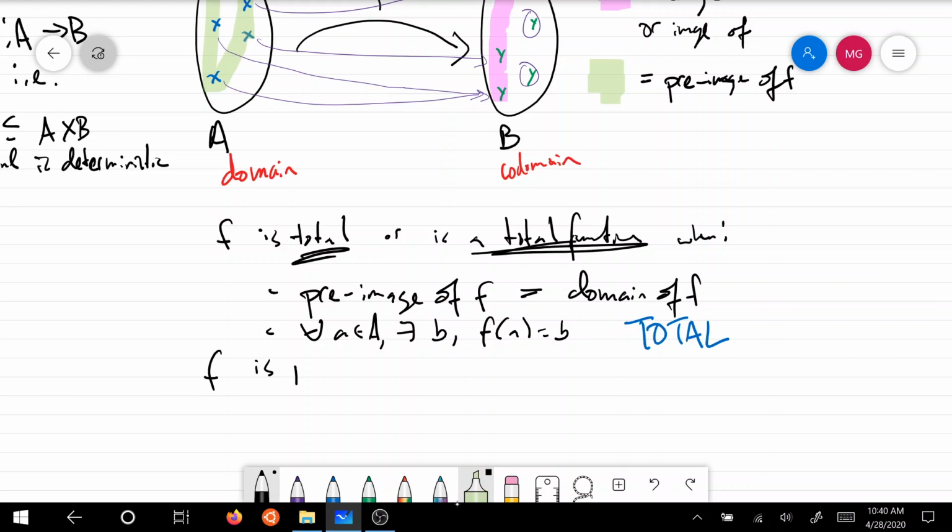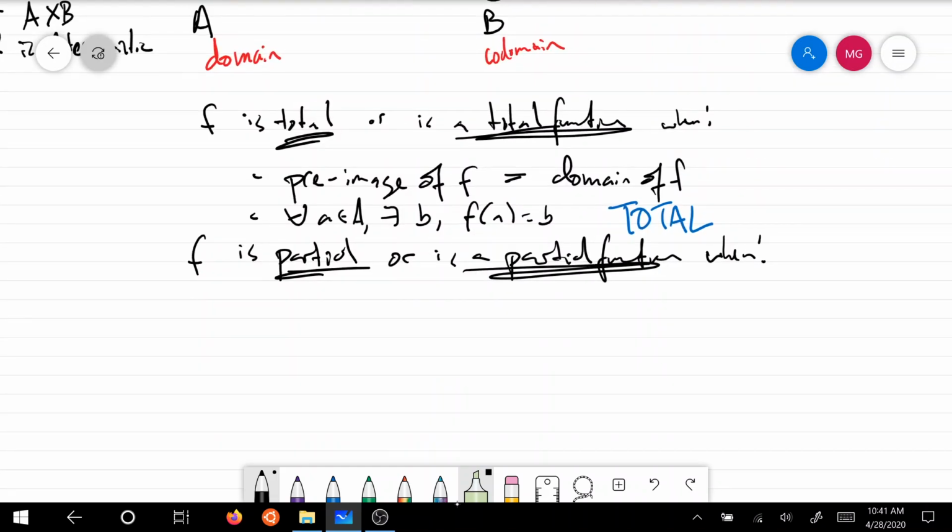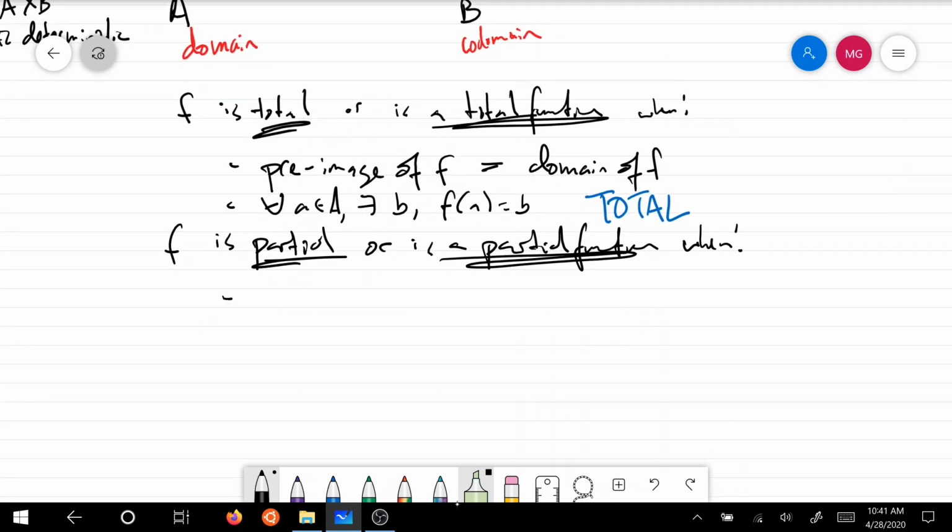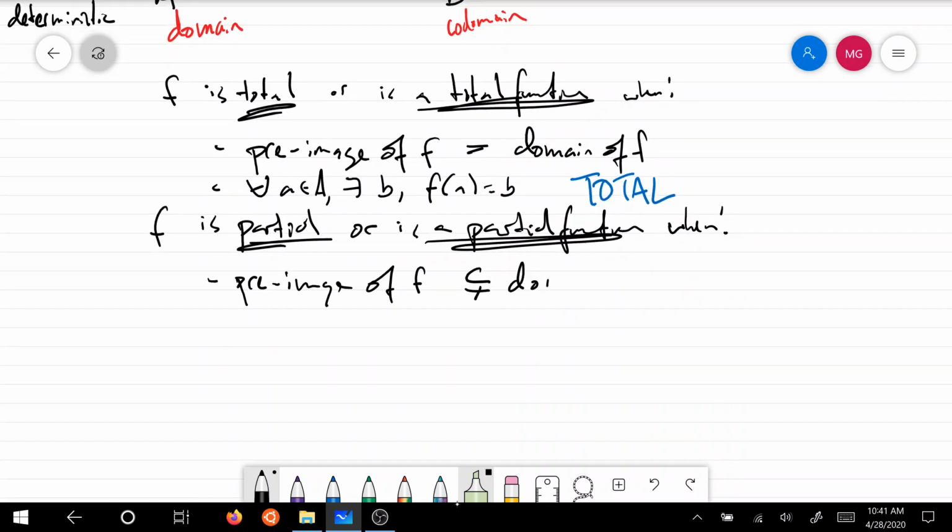F is partial, or is a partial function, when the pre-image of f is a proper subset, not equal to the domain.